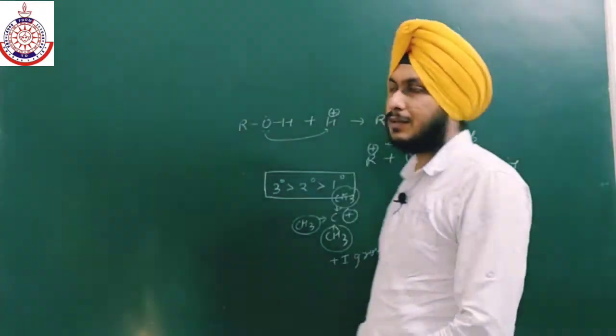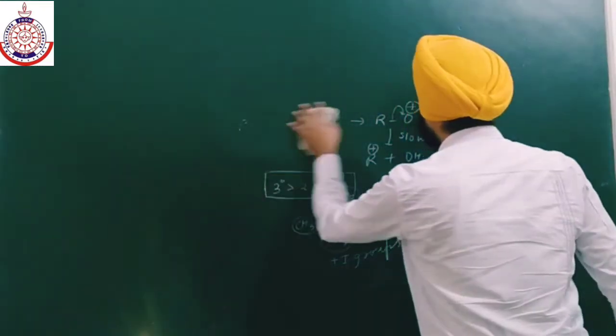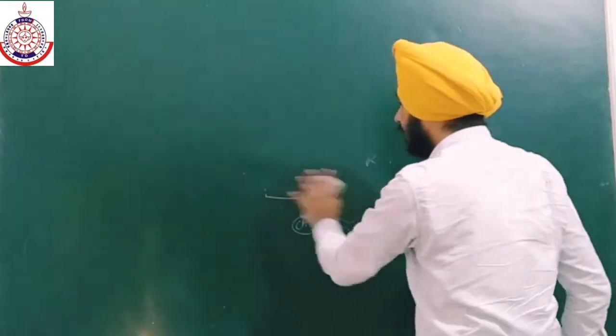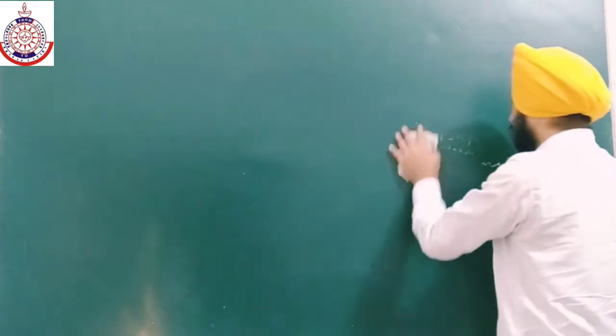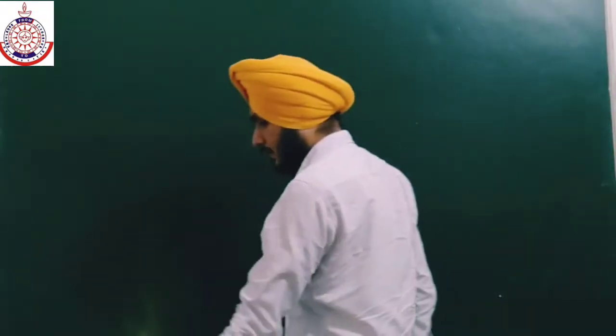Now the second method of preparation is reaction with phosphorus halides, and I am taking PCl3 as the first phosphorus halide.